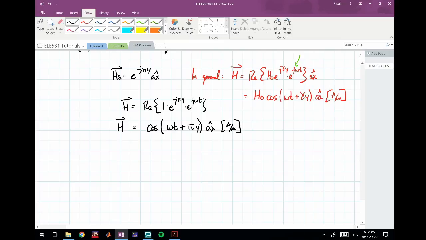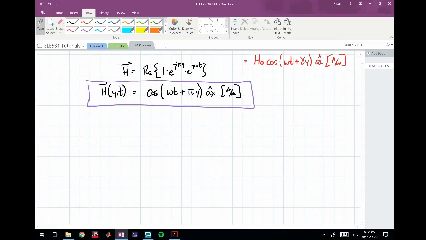And so this is h as a function of y and time, just to give it a proper expression. And that is part K.